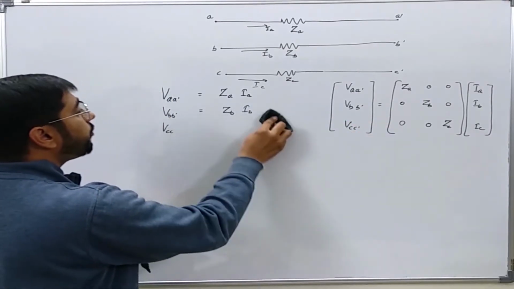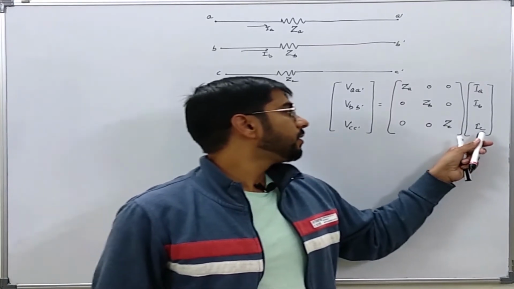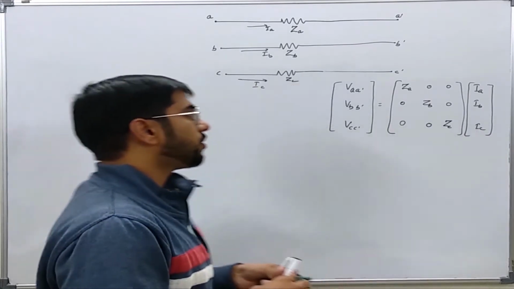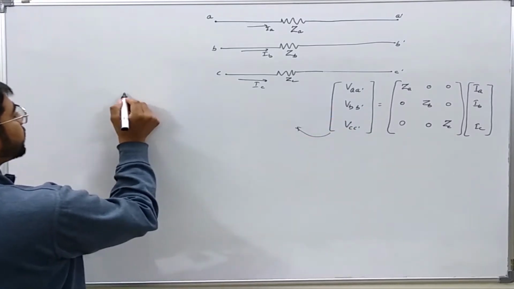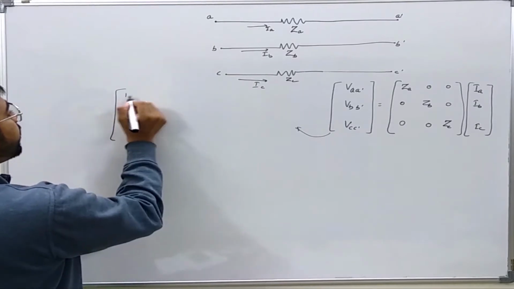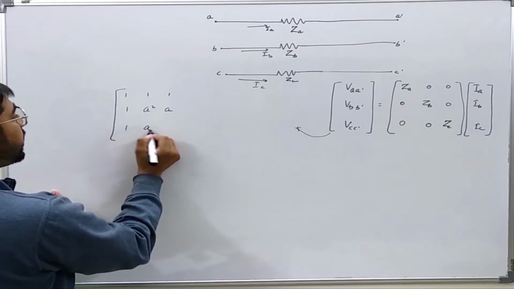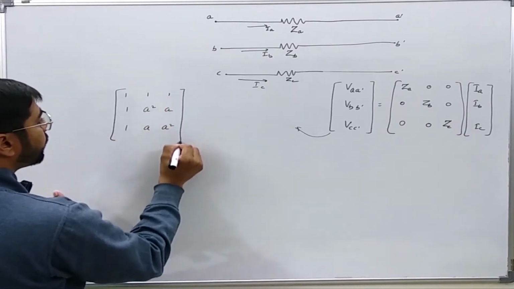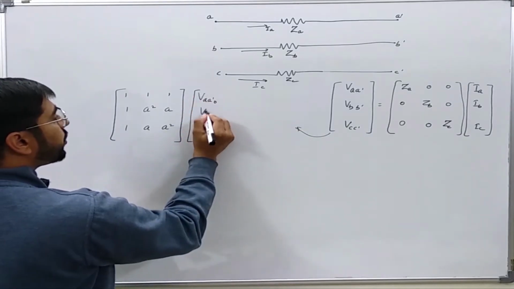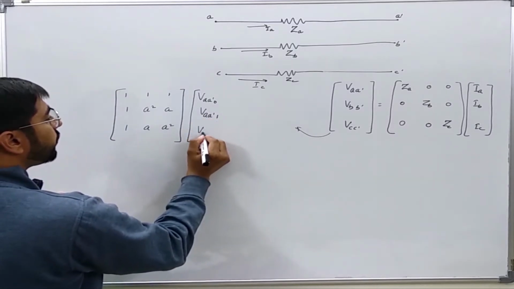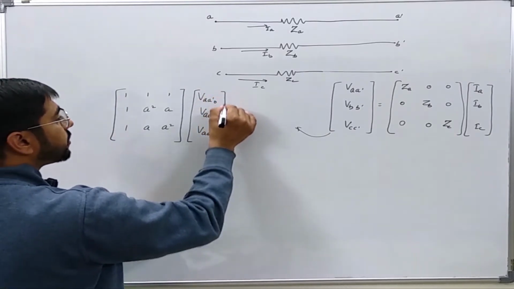Now what we will do, we will convert the voltage drops into their sequence components and the line currents into their sequence components. So we can write the voltage drop vector as the matrix A, 1 1 1, 1 a square a, 1 a a square, times VAA dash 0, VAA dash 1, VAA dash 2, the zero sequence, positive sequence and the negative sequence.